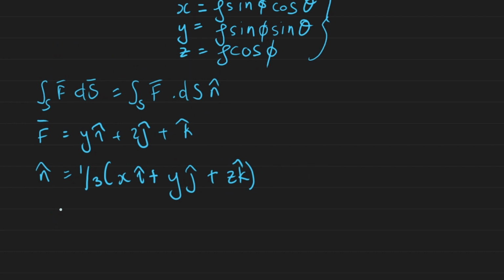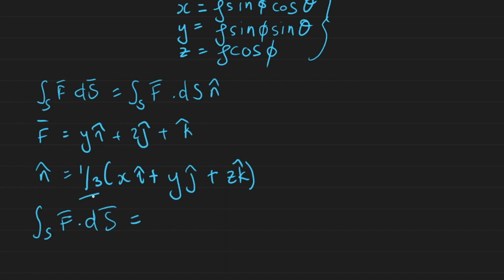So proceeding in this manner, I'm substituting all of these things in. Remember that when we're taking the dot product, i times i gives us 1 and i times j gives us 0. So all the perpendicular products give us 0. So the integral across the surface of f dot ds is equal to, firstly, i times i gives us 1. We already spoke about that.